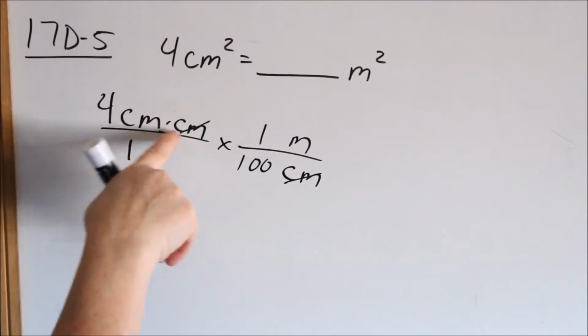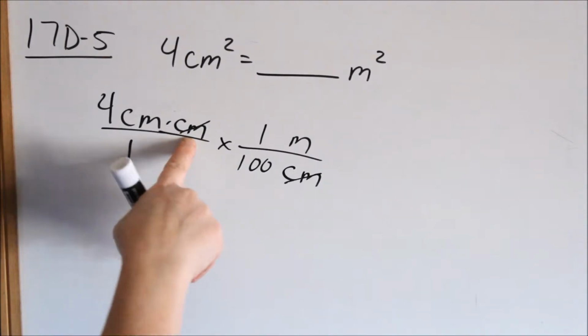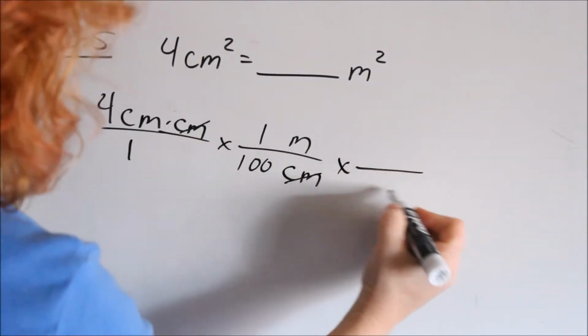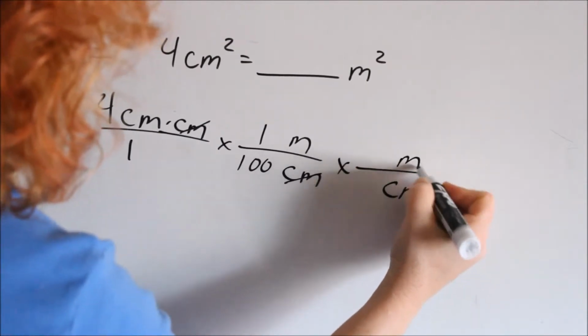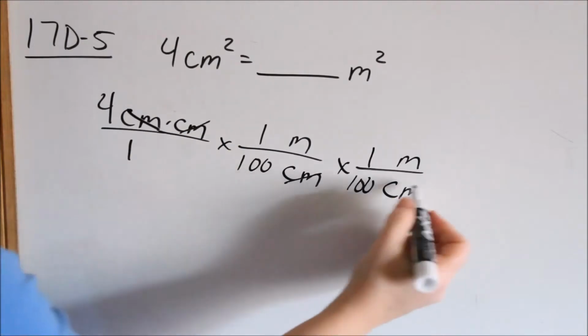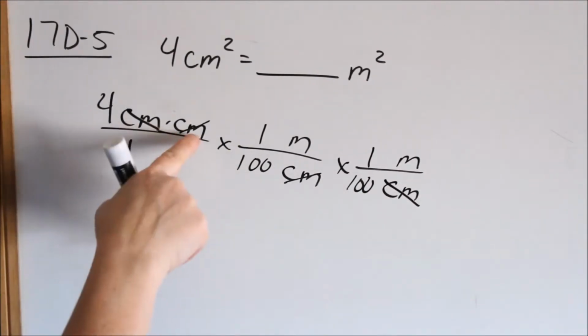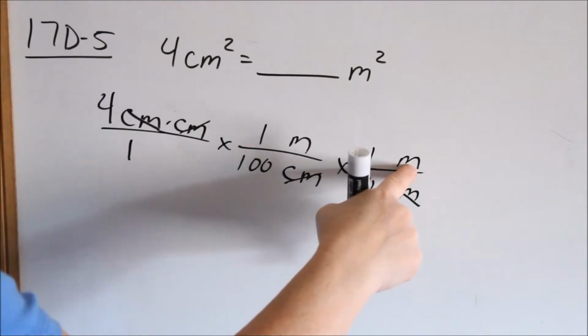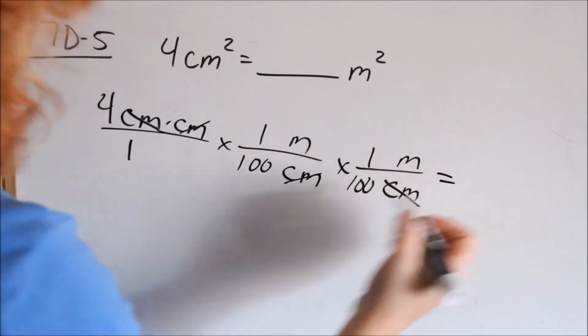So when you have square units, you have to do your conversion factor twice. Which means I have centimeter here, meter here, 100, 1. Now that centimeter will cancel with that centimeters. All of my centimeters have canceled, and I will have meters times meters left, which is square meters, and that's a good thing.